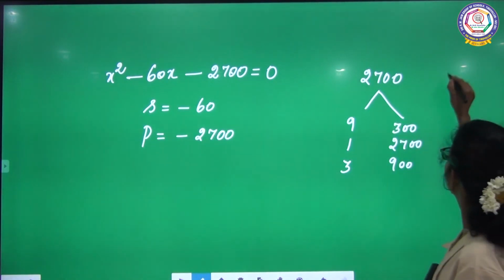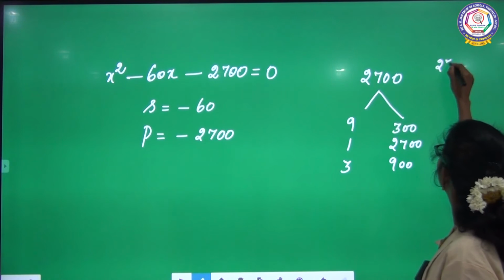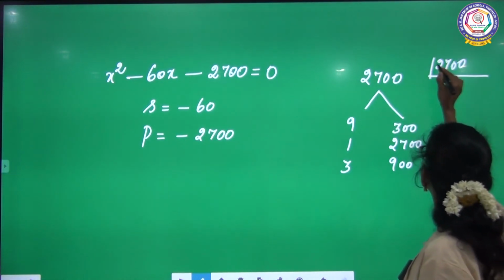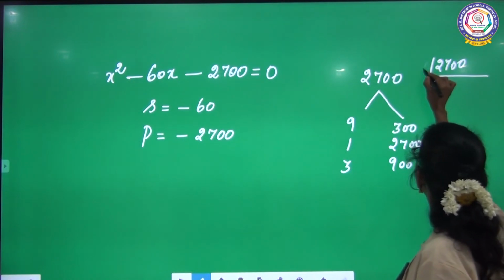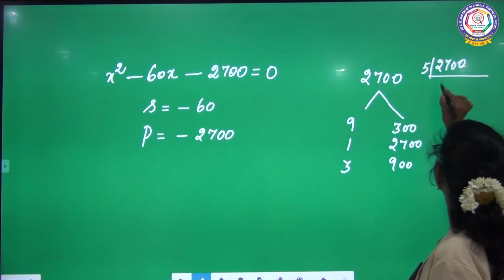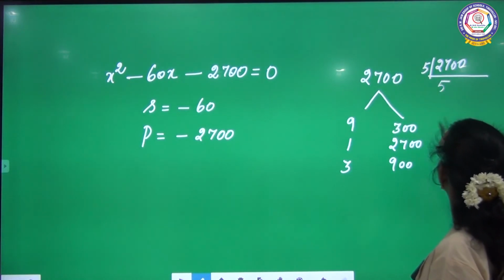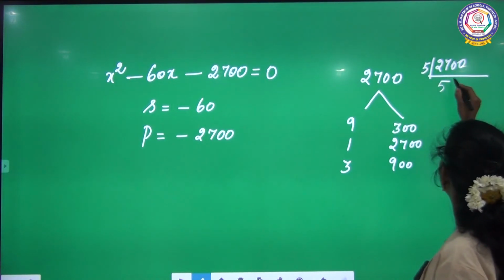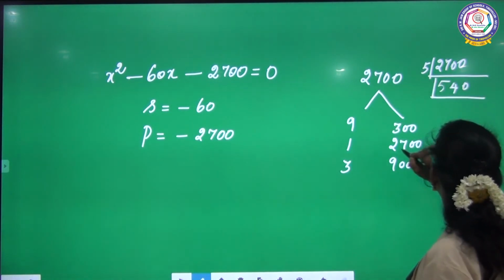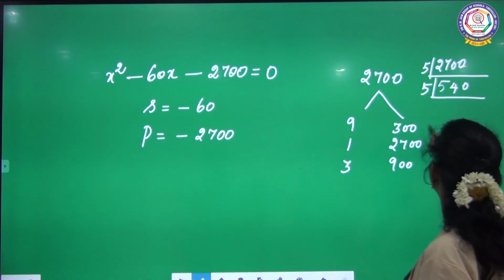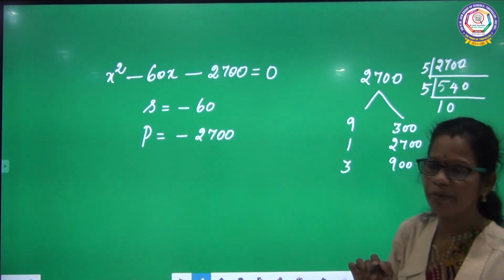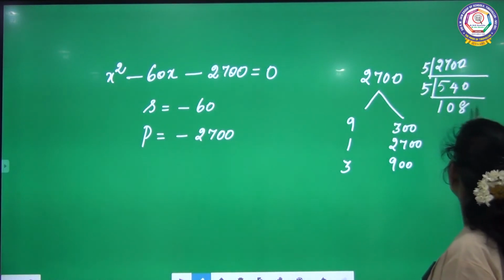If you want, you can use the L-shaped division. The number ends with 0, so you can divide by 5. You should use only prime numbers. So 5 5s are 25, remaining 20, 4 5s are 20. Again the number ends with 0, it is divisible by 5. 4 does not divide by 5, so 48.